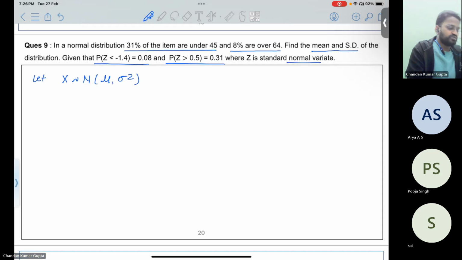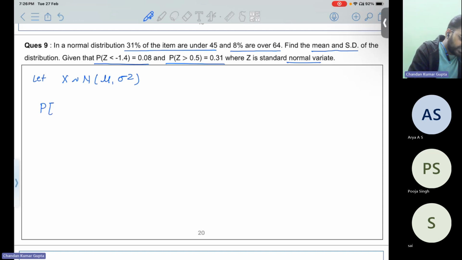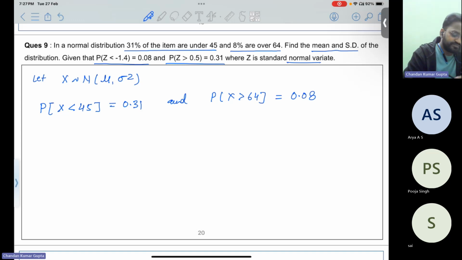So what are we given? 31% of the items are under 45, so probability X is less than 45 is 31%, and 8% are over 64. That is, X is greater than 64, it is 8%, 0.08. Okay, these two are given.